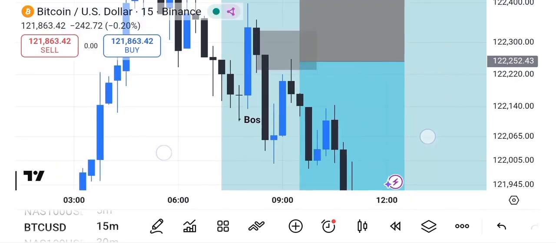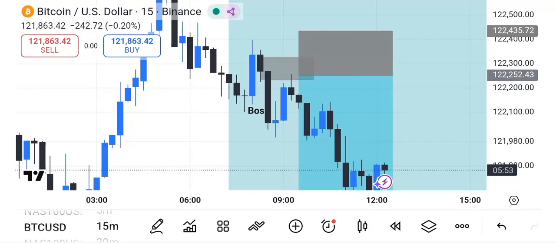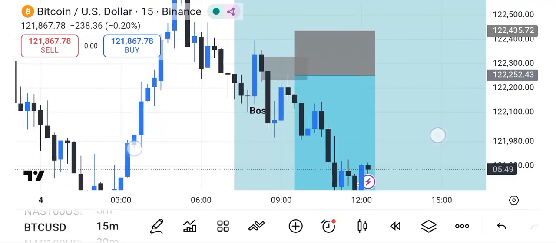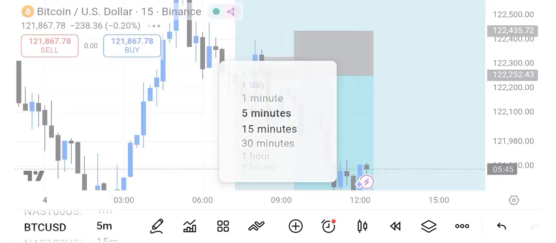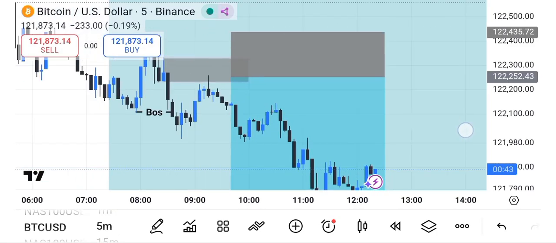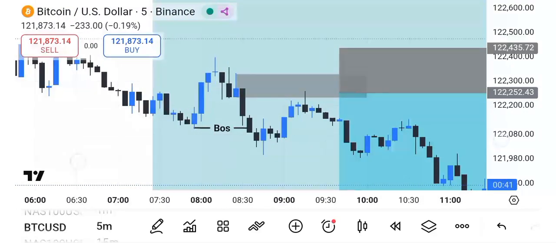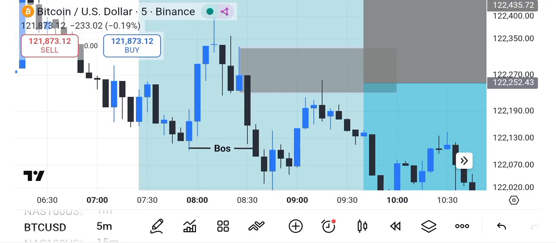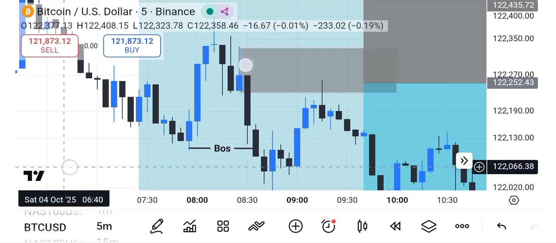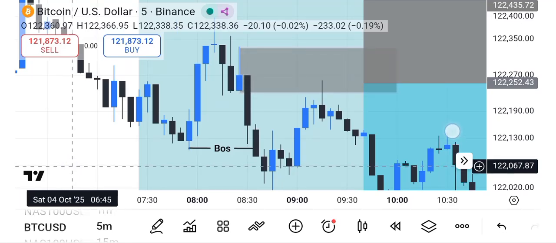Simply what you do is you map out the zone. You cannot see this very well, but I understand that there's a break of structure. What you have to do is go down to the lower time frame again so you understand it very clearly. This is the order block that caused the break of structure.